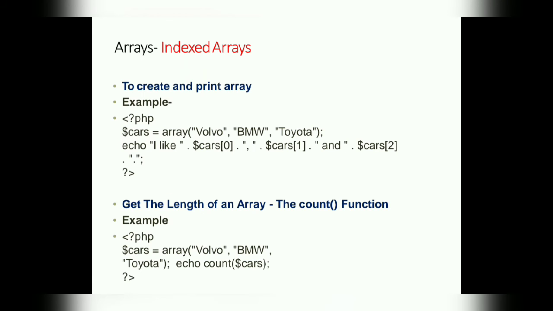While the second format comes with $cars with index 0 holding the value Volvo, second, $cars with index 1 as BMW, and third, $cars with index 2 will hold the value Toyota. Okay, so you can define it on your own, or you can assign it automatically with the first syntax.